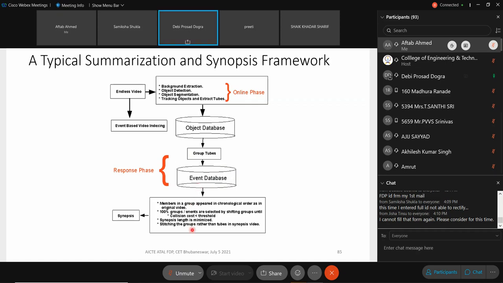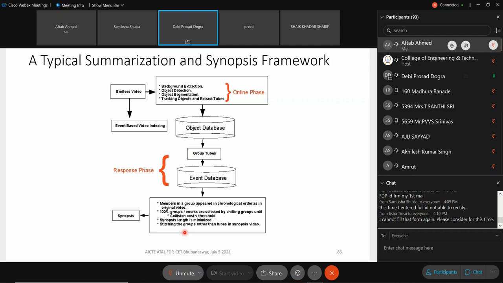And then we apply some optimization. It's a multi-objective optimization to generate the synopsis. Say you have a 1 hour video; you do not want the synopsis to be 50 minutes, because then it has no meaning. Obviously you want a synopsis which is maybe 2 or 3 minutes.